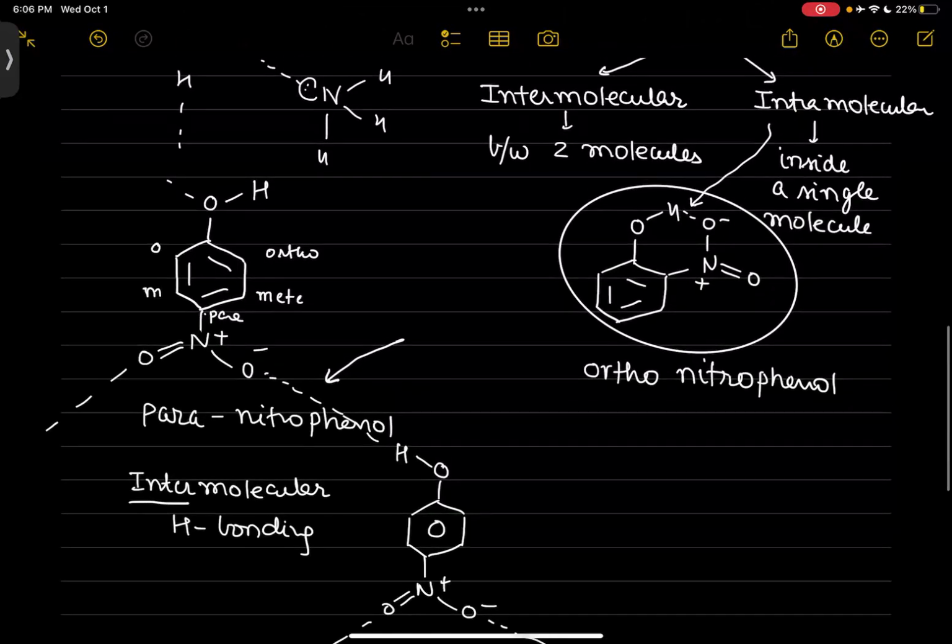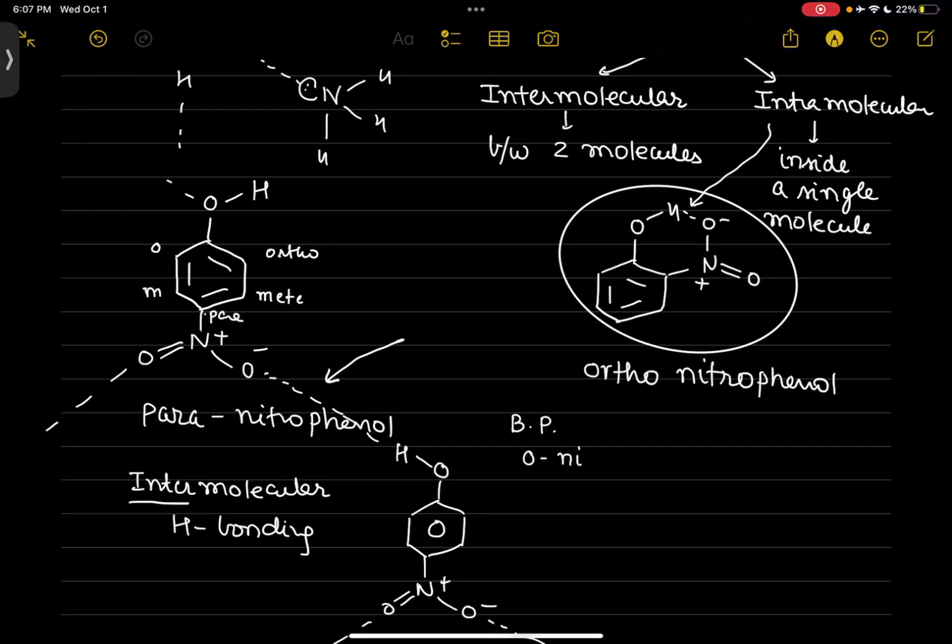If it is difficult, we need to heat it by more amount, higher boiling point. I want to ask the boiling point of ortho-nitrophenol and para-nitrophenol. Compare. I'm not asking you the value, I'm just asking the order of boiling points of ortho and para nitrophenol.